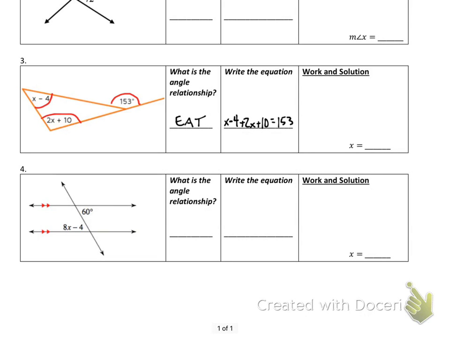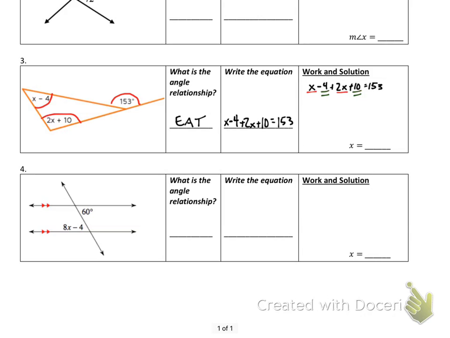All right, so I'll go ahead and rewrite that in this box where I'm supposed to show my work. I'm rewriting it exactly as is. X minus 4 plus 2x plus 10 equals 153. Shouldn't be too hard of an equation, but we do have number terms and variable terms.